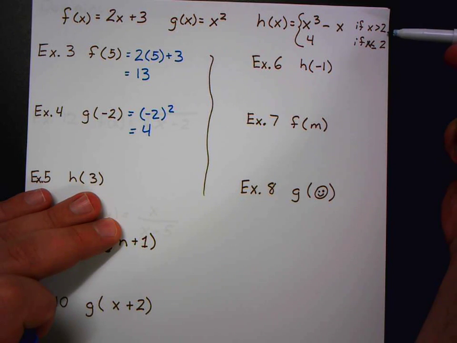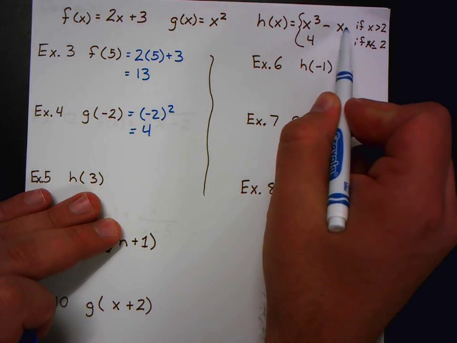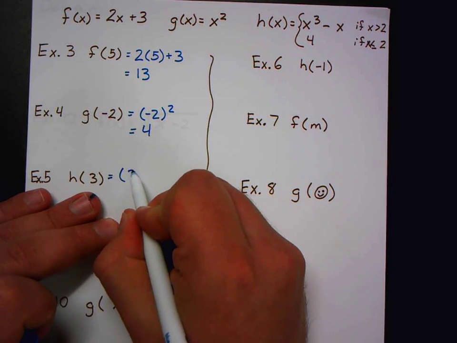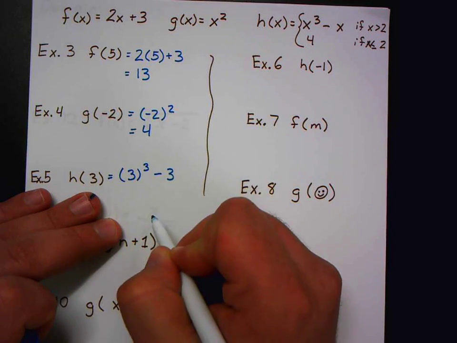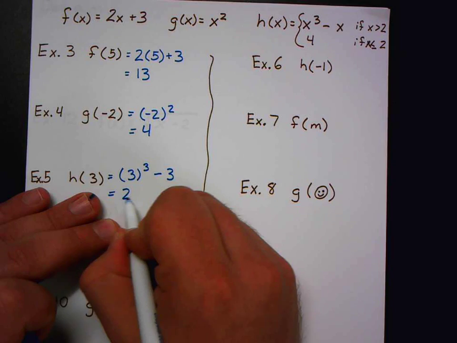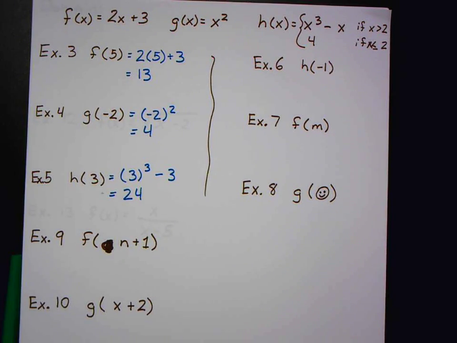The top one. 3 is greater than 2, which says I'm going to plug 3 into this top equation. So I totally ignore the bottom equation. So that's 27 minus 3, so 24. Okay, we're good so far?